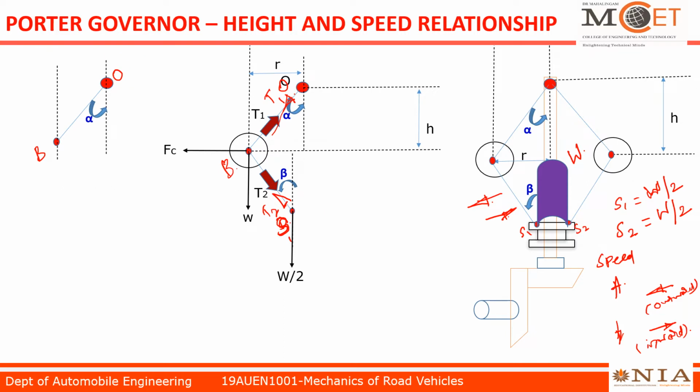The arm makes alpha angle with the central axis. Since the opposite angles are equal, if the angle here is alpha, then here too it makes alpha angle. Now look at this point, it makes a triangle.